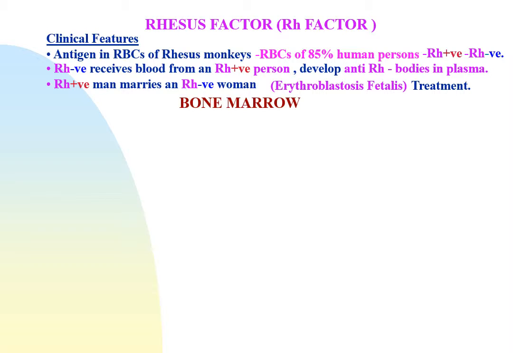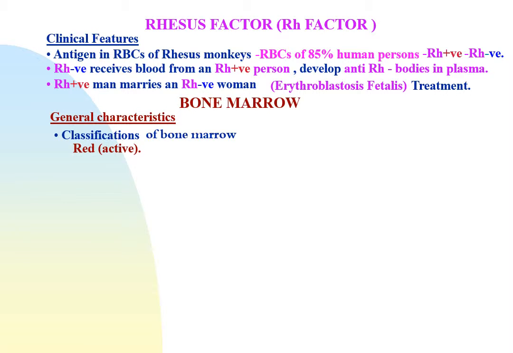Bone marrow is a specialized connective tissue of reticular type. General characteristics. Classifications. There are two types of bone marrow, red or active bone marrow and yellow or inactive bone marrow. Red or active bone marrow is found in cavities of bones of embryos and children.